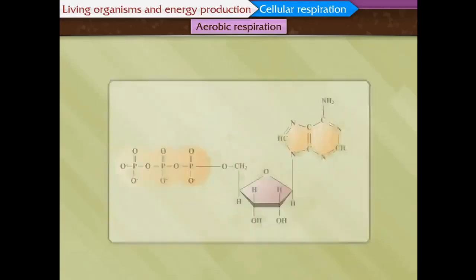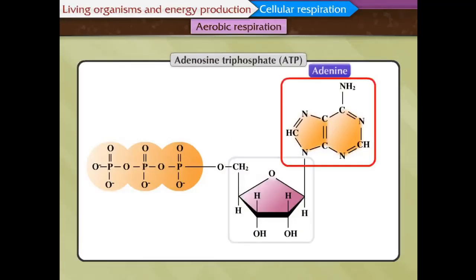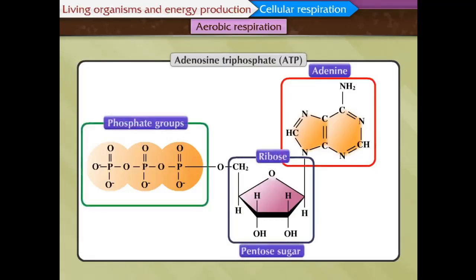ATP. ATP, or adenosine triphosphate, contains a nitrogenous compound, adenine, a pentose sugar, ribose, and 3 phosphate groups. It is an energy-rich molecule, and energy is stored in the bonds by which phosphate groups are attached to each other.